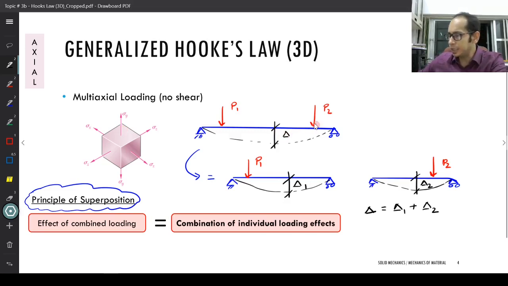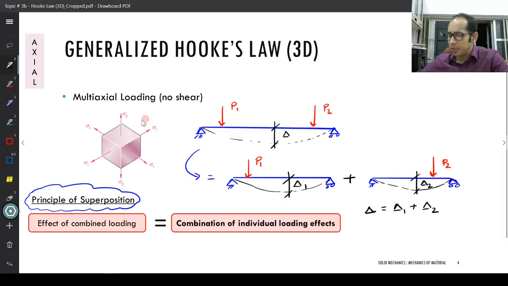Essentially what I did, I just took this beam and expressed it as a summation of these two separate loading conditions. So this is the principle of superposition. Now let's go back to our world of stresses and strains.